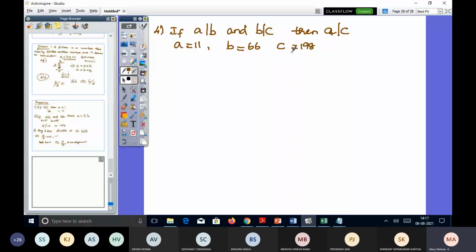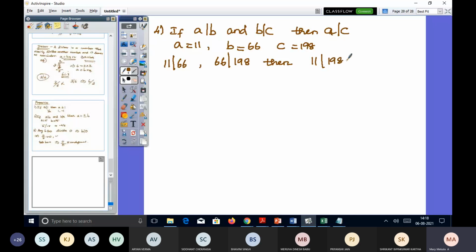According to this formula, what they are telling is that if 11 divides 66, and what is B? 66. 66 divides C. What is the C value? 198. Then A divides C. A is 11. 11 divides 198.